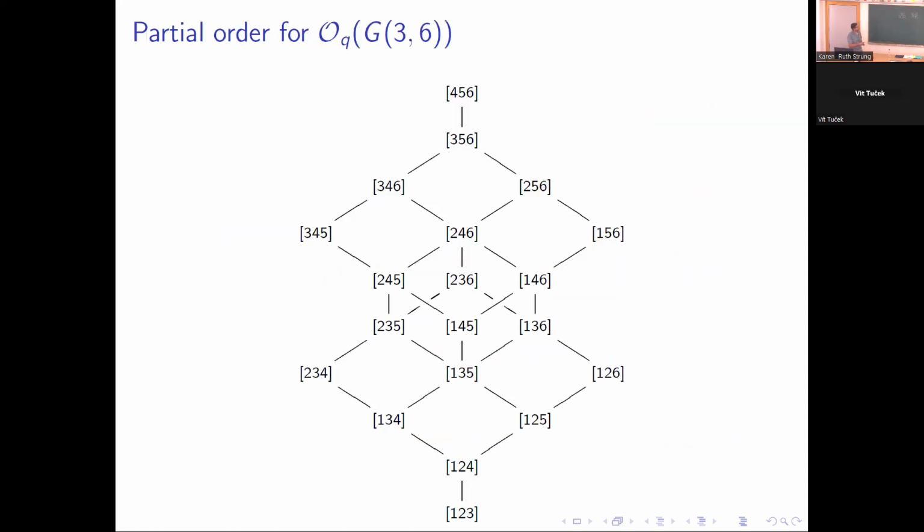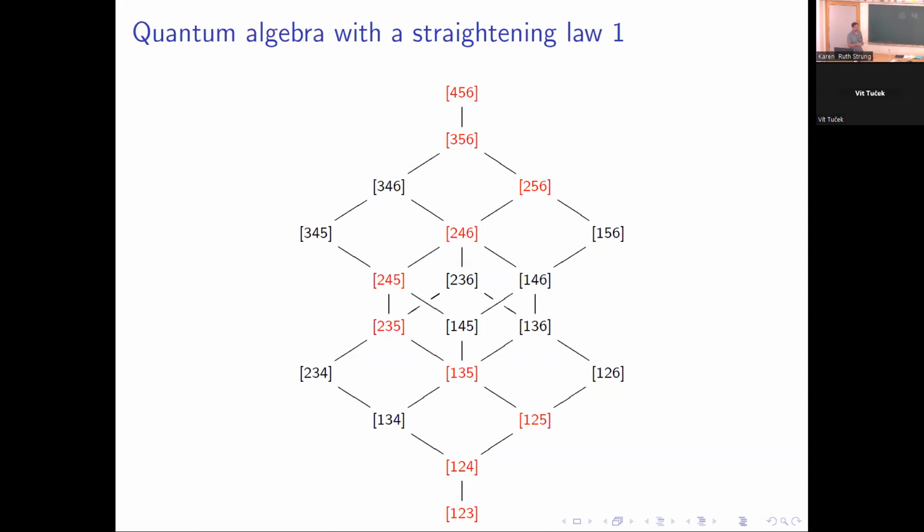Right. So this partial order looks like this in the 3 by 6 case. And what happens is that you can form a linear basis of this algebra. It's not a non-commutative polynomial algebra. It does not have a nice PBW basis, but you still have a linear basis, which is kind of nice, formed of monomials of elements which are comparable in this ordering.